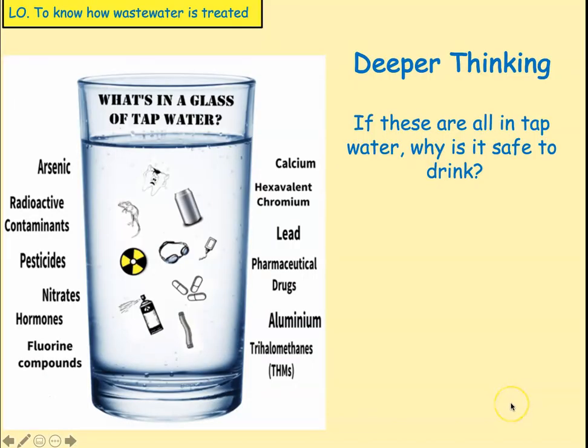Okay, I just wanted to touch on something that we might want to think about. All these substances are in water. We might think that there's nothing in water, but as you can see, we've got radioactive stuff, we've got arsenic, we've got pesticides, lead, calcium, we've got all sorts of substances in there.